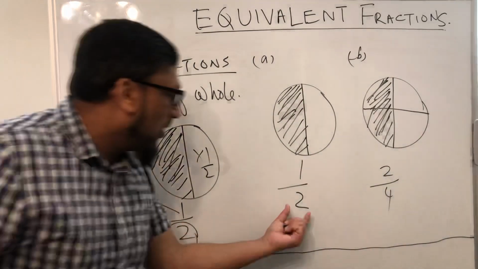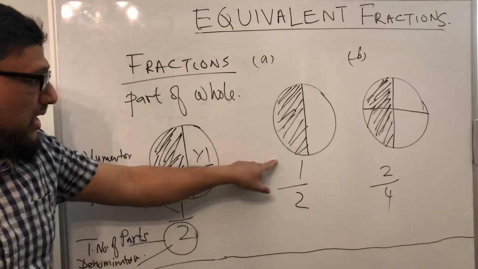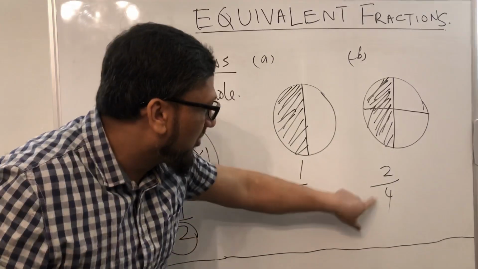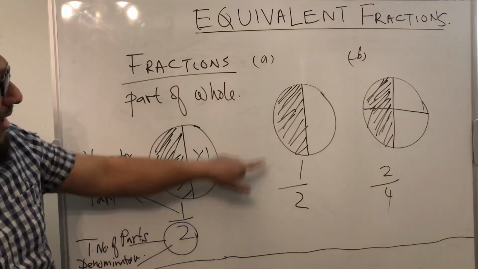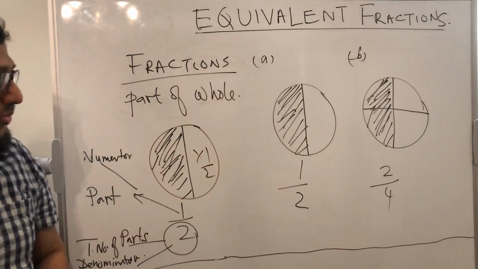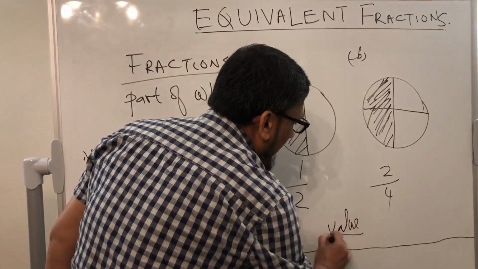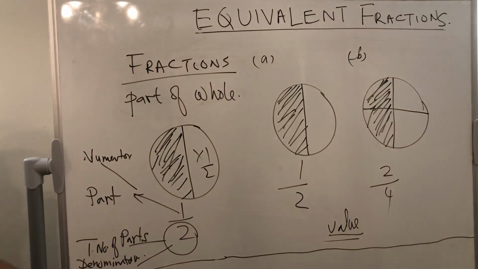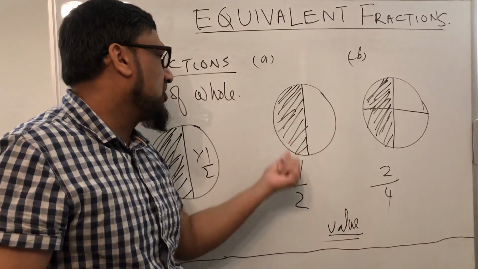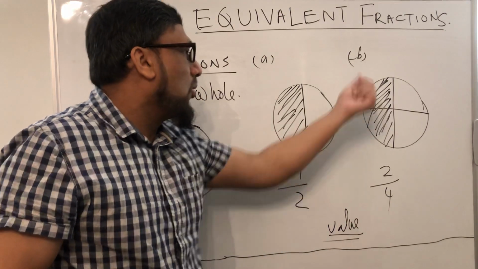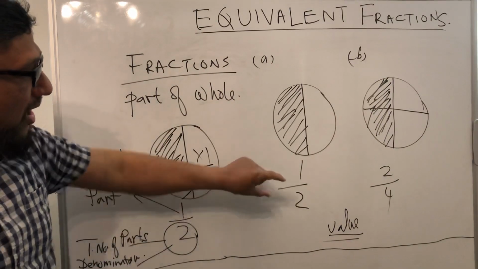In terms of numbers, like 1/2, the numbers are different. Here I finish 2 out of 4, and here I finish 1 out of 2. But in terms of value, overall I finish half of the garlic bread, and also here half of the garlic bread, although the numbers are different.